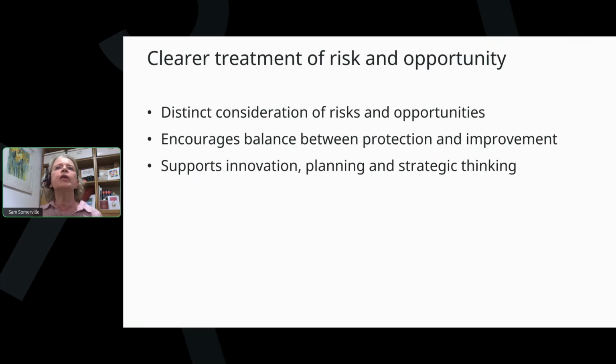So not just avoiding failure, but strengthening performance as well. Risk-based thinking, as you'll know, if you're familiar with ISO 9001, is not new. But opportunity has often been lost in practice, and so these revisions have directly addressed that. And this clarification sits within the planning requirements under clause 6.1.